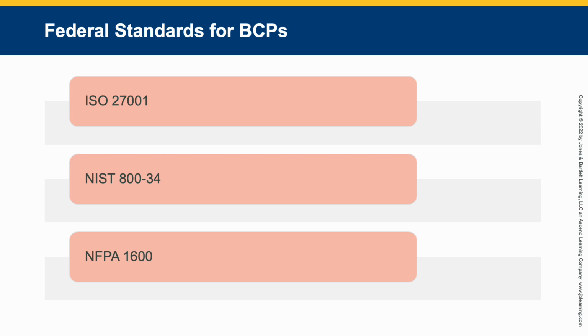Based on the BIA, the company would develop contingency plans, including strategies for recovery, restoration, and reconstitution of affected systems and data. NIST 800-34 provides specific guidance on developing contingency plans for information systems, with considerations for different types of disruptions, such as natural disasters, cyber attacks, or human errors.